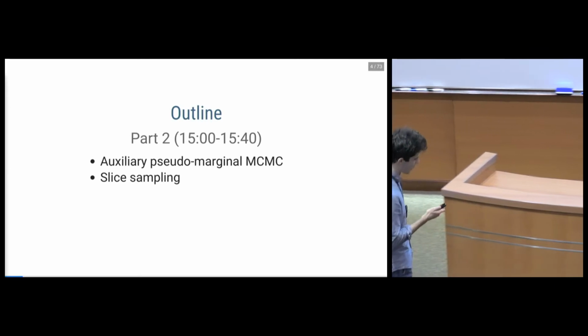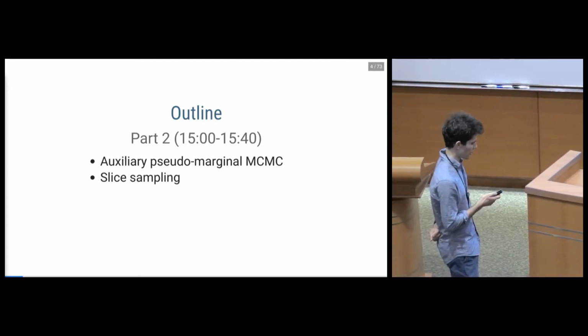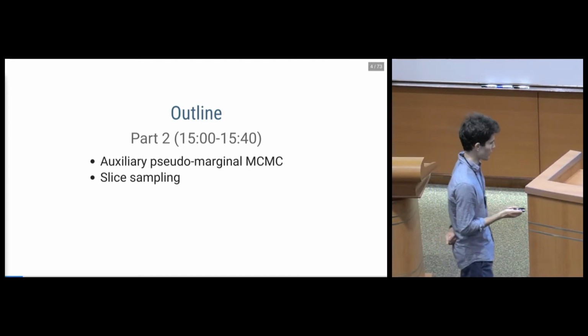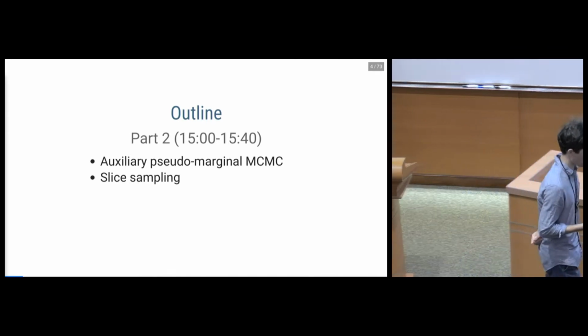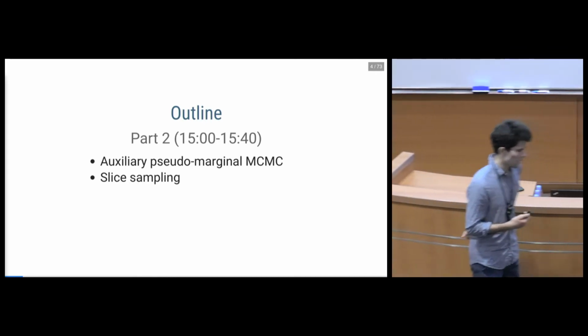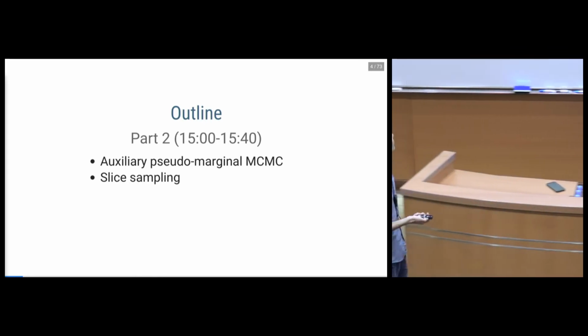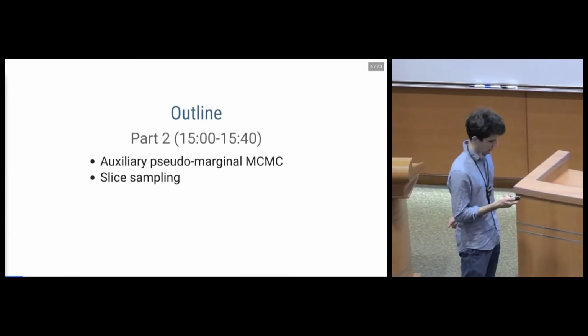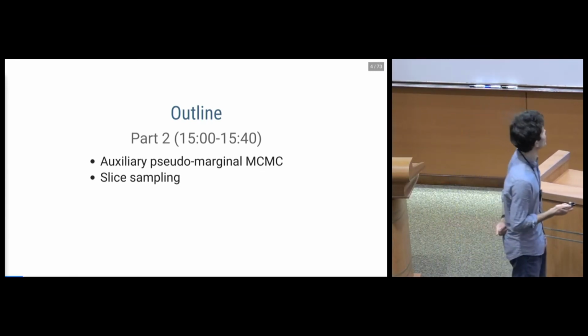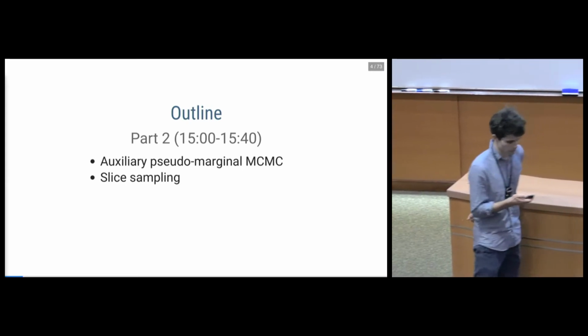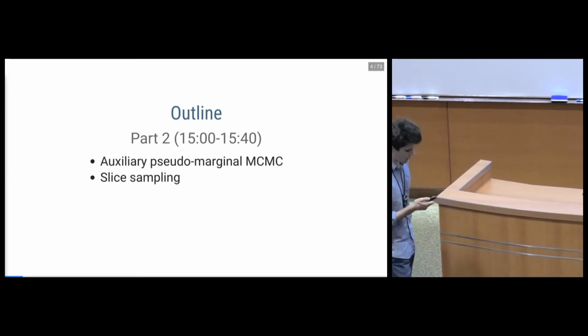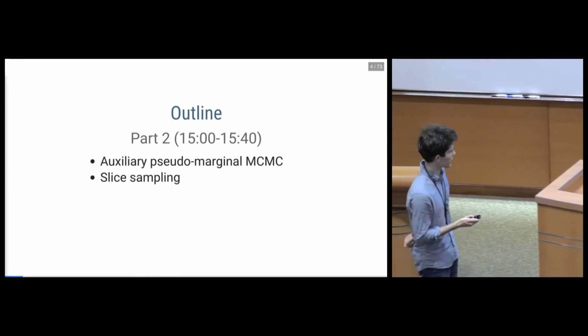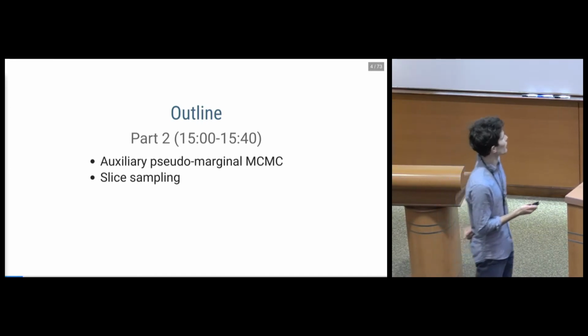And as part of that, this involves trying to apply different Markov chain transition operators to pseudo-marginal problems. And one of the algorithms we found particularly helpful in quite a wide variety of problems is slice sampling variants. So I will give a bit of an overview of some of the key slice sampling algorithms.